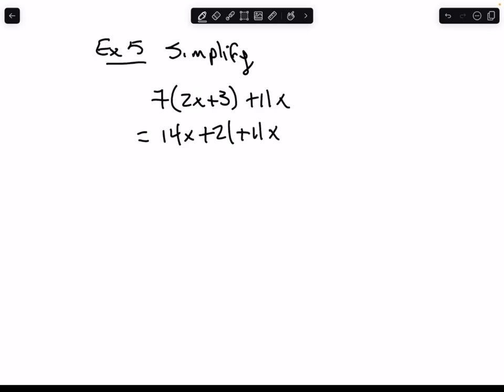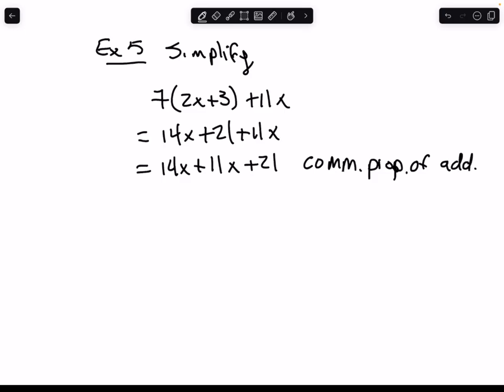Then we can rearrange using the commutative and associative properties. So we can rearrange this to be 14x plus 11x plus 21 using the commutative property of addition. And now we can combine like terms. 14x plus 11x, we add those coefficients, 14 plus 11, which is 25.